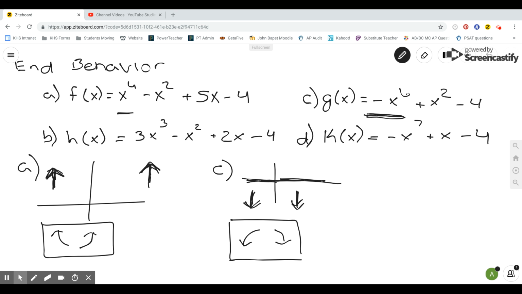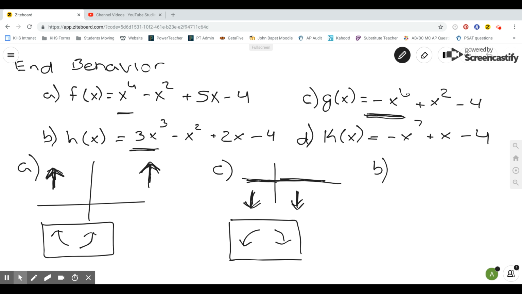Now let's take a look at B. At B, our leading term is 3x cubed. So we have an odd degree, and it's positive. Odd degree and positive, think about x cubed, which we actually have as a leading term.